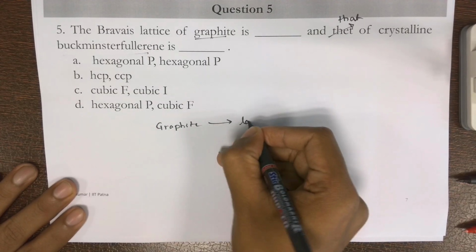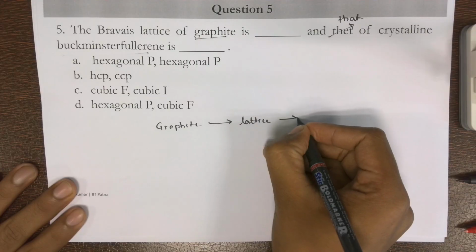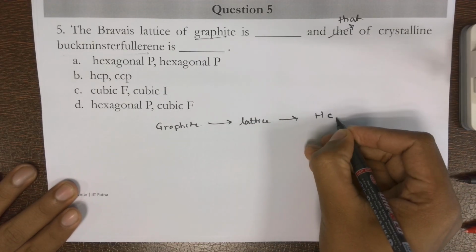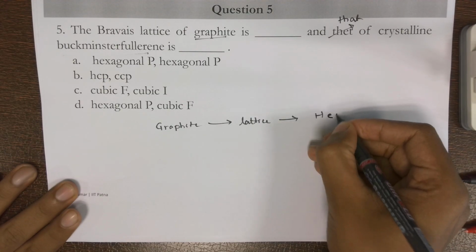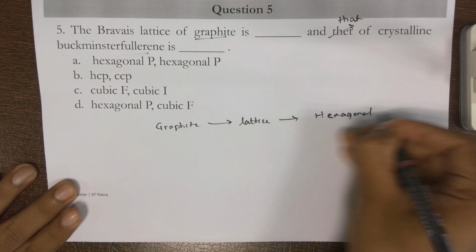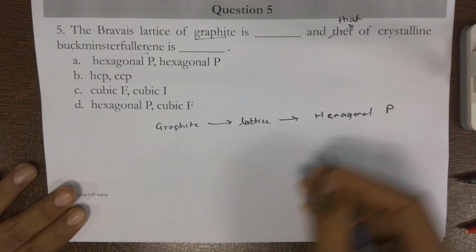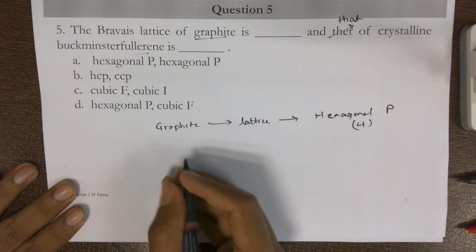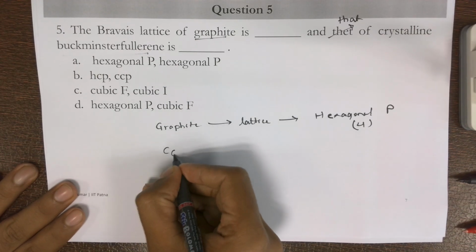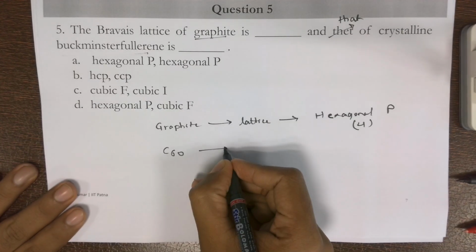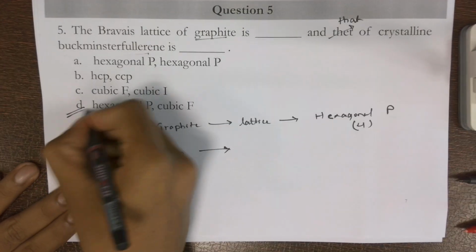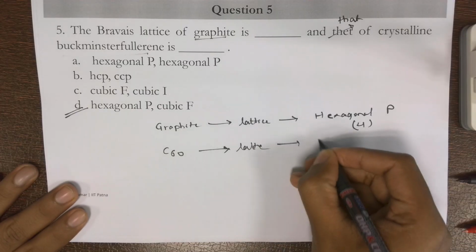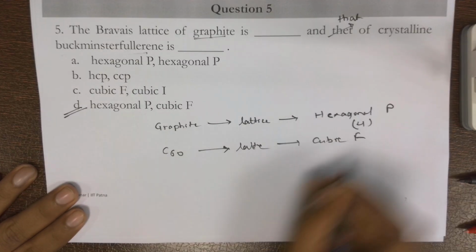The lattice of the graphite is... The answer is D. We have to be careful.